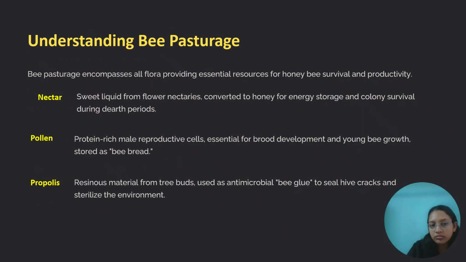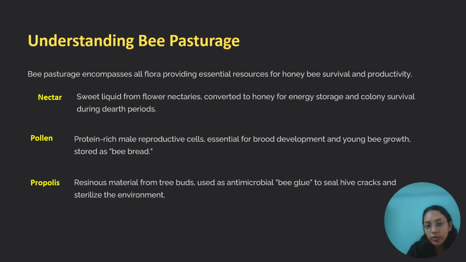Now we move on to bee pasturage. So what is bee pasturage? Bee pasturage encompasses all the flora providing the essential resources for honeybee survival and productivity. So, three components: nectar, pollen, and propolis.